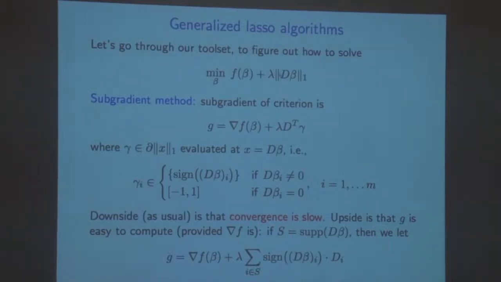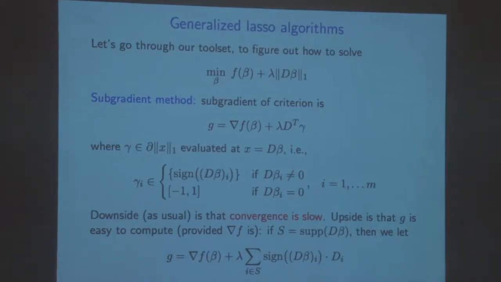Another way would be to use the closest thing to the chain rule for subgradients. It's the composition rule for composing a function with a linear function. And that's what I did here, because we already know what the subgradients of the L1 norm are. They are basically just the sign, or anything between -1 and 1 if that thing is 0.